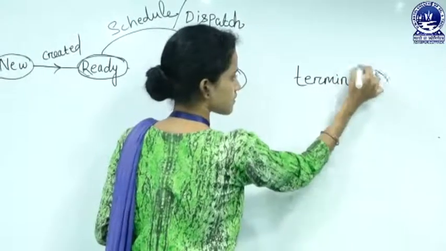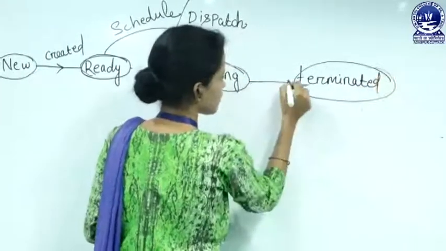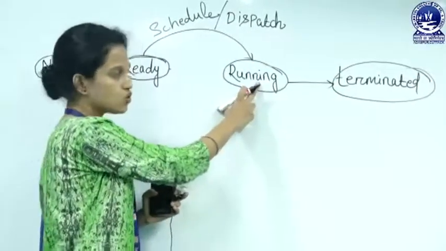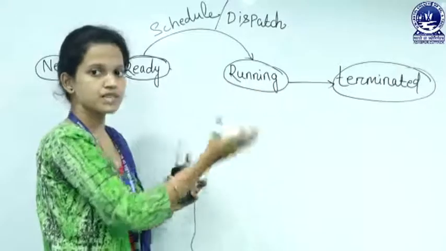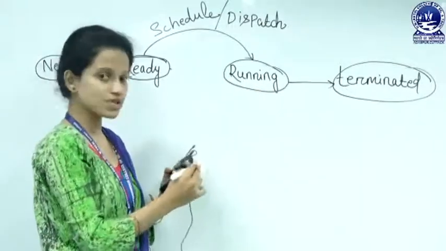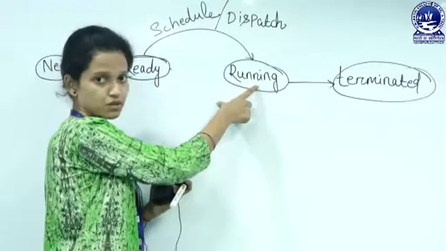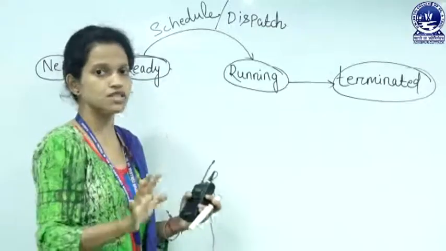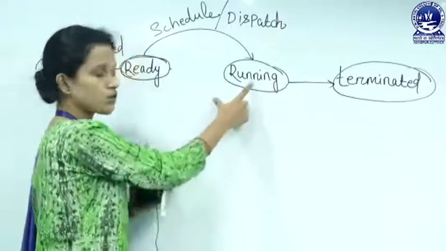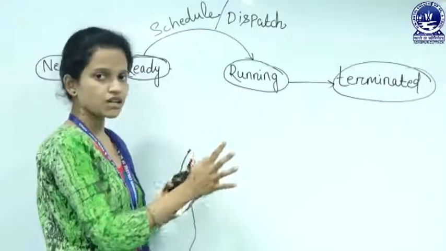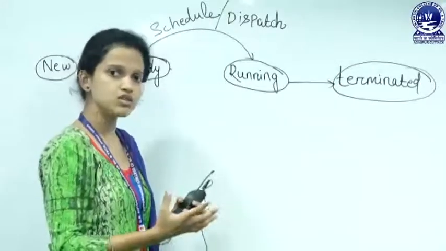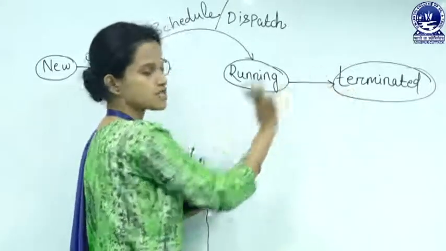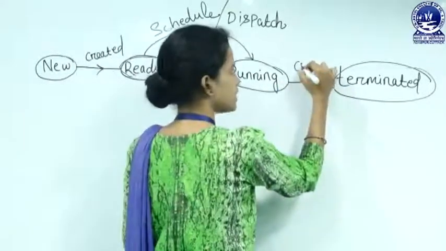Running state means that the CPU has been allocated to that process, so the process is within the CPU, executing. If no disturbance is there, the process simply completes its execution and goes to the terminated state. Here you can say that the process is completed.